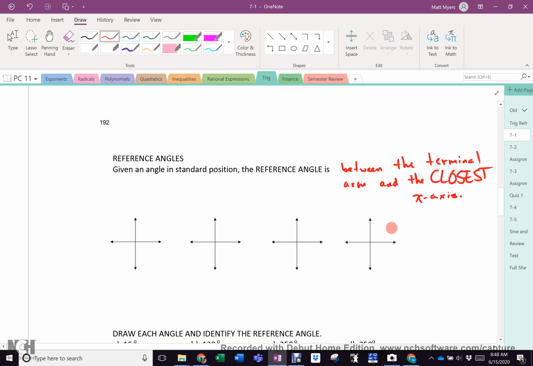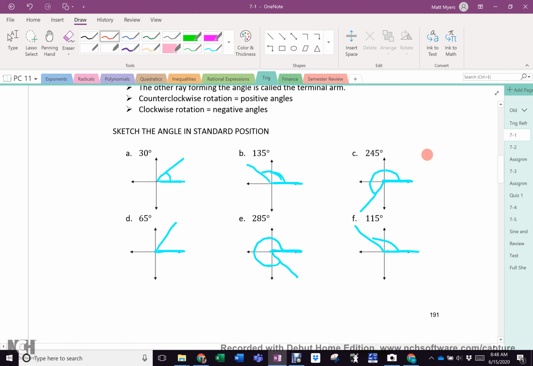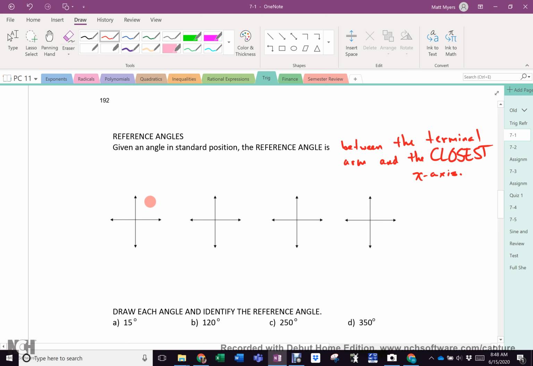So I've got 4 lines here. Let's choose 4 of these. Let's take A, B, C, and E. So A was 30 degrees.